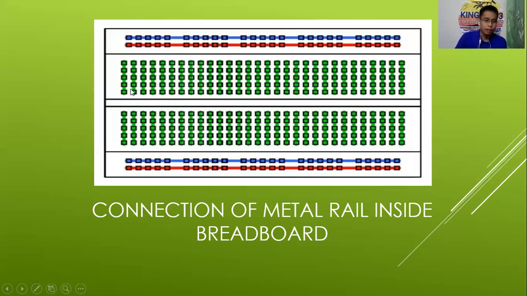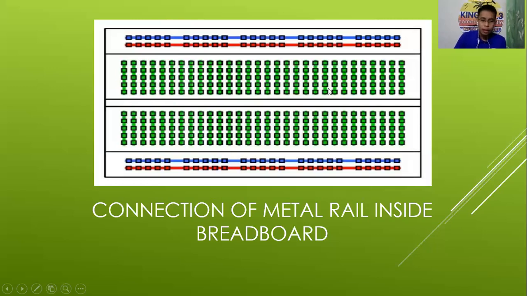Okay? Separated. Since they are separated, magkakaroon ka ng way para i-connect yun doon sa ibang components. Ibig sabihin, hindi mo masu-short yung pins ng mga ICs, even other components.